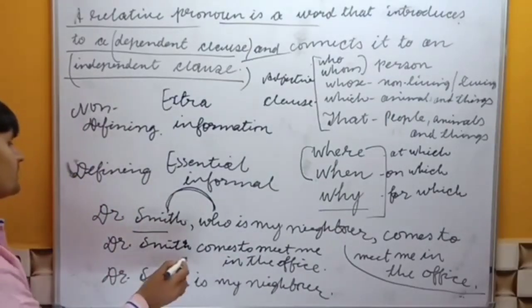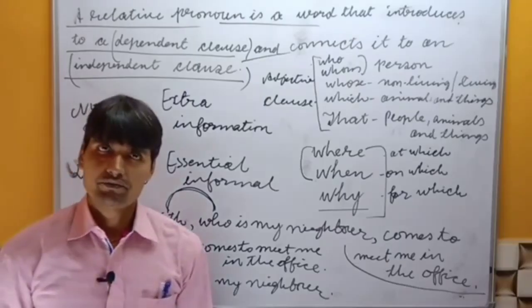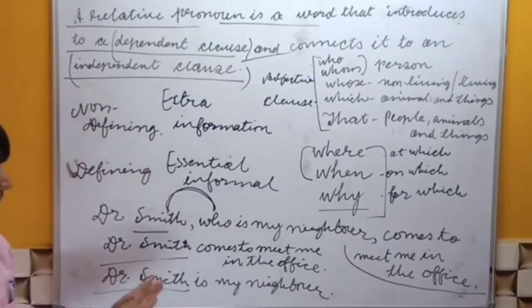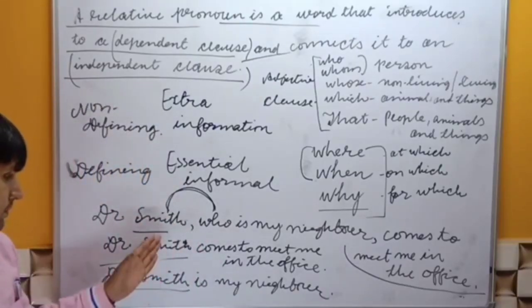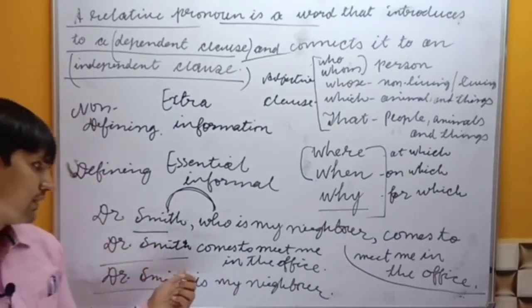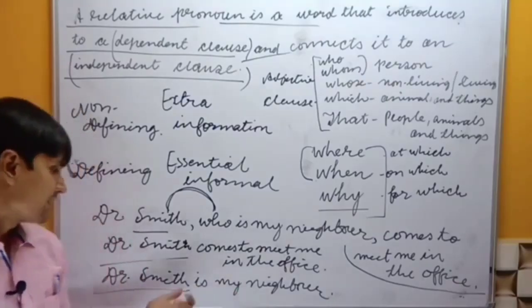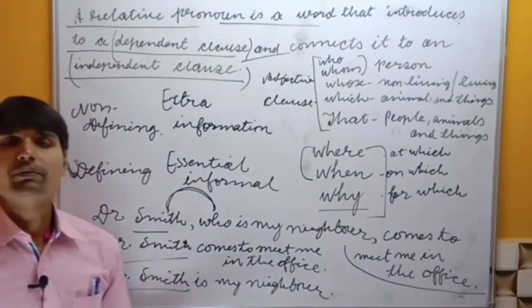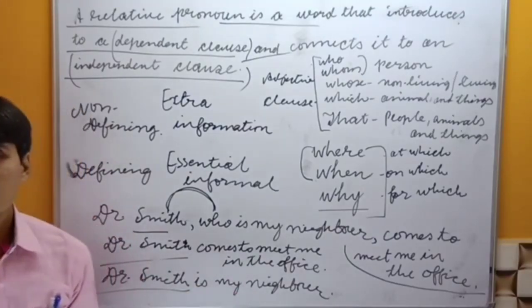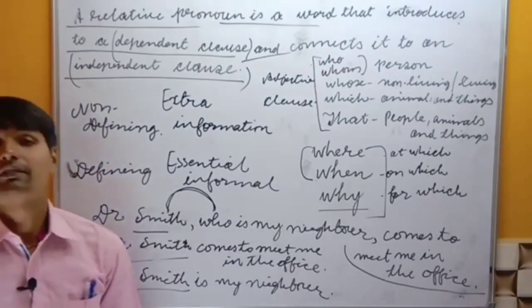That in both sentences, Dr. Smith has been repeatedly used. Why? Because Dr. Smith is the subject of the sentence. In the first sentence it is being spoken about Dr. Smith, and in the next sentence it is also being told about Dr. Smith. In both parts of the sentence, Dr. Smith is the subject.